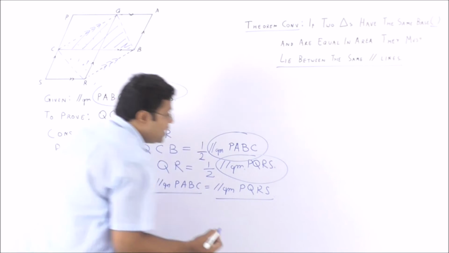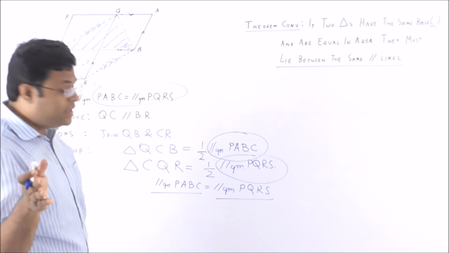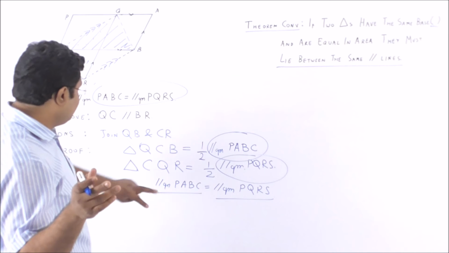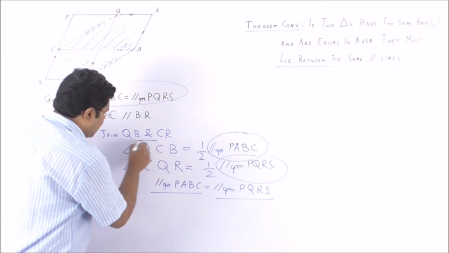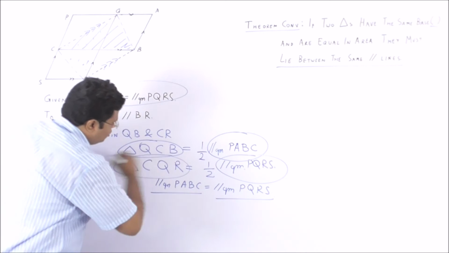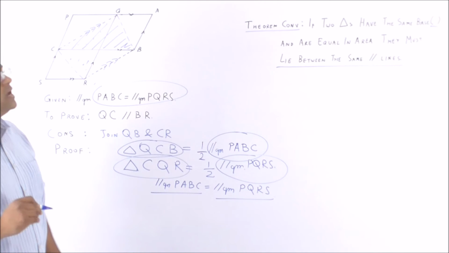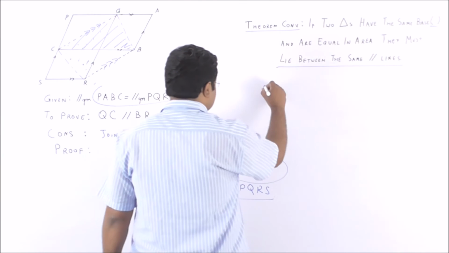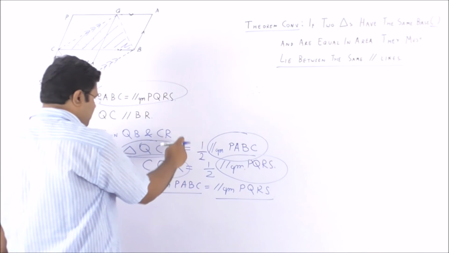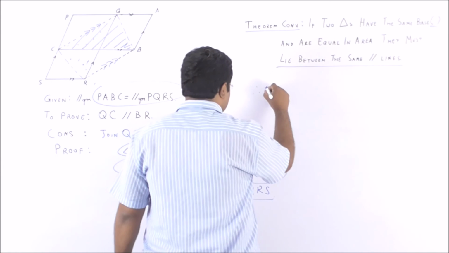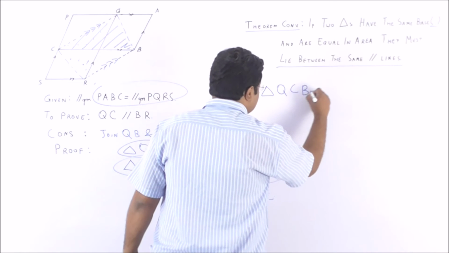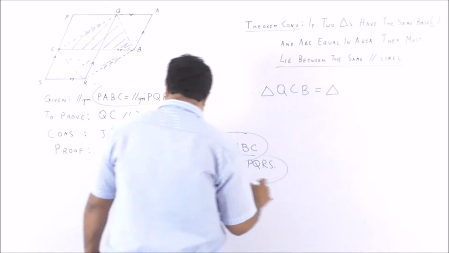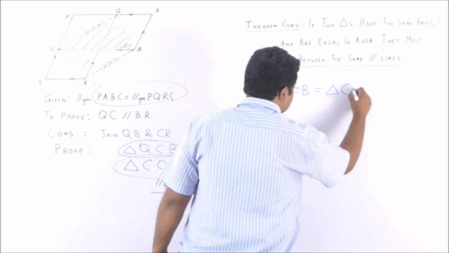Now if they are equal, since these triangles are halves, they are also equal in area. So the fourth and most important step is, therefore, from these three we get triangle QCB is equal to triangle CQR.